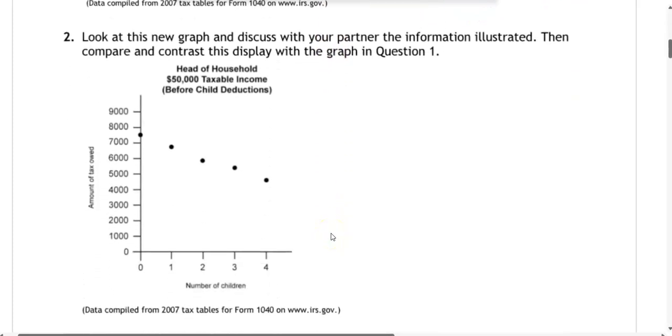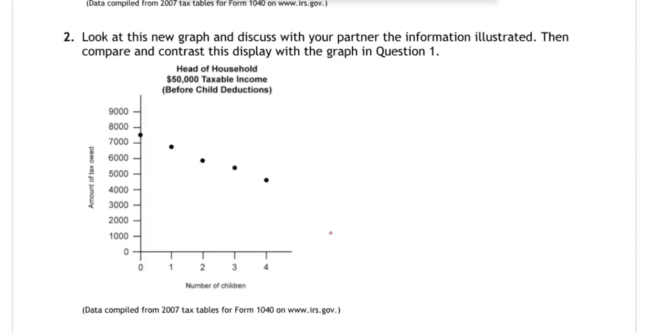All right, look at this new graph and discuss with your partner the information illustrated. Then compare and contrast this display with the graph in question one. So right here, if we consider various things we could compare, I can notice that as my x values are increasing, my y values are actually decreasing.